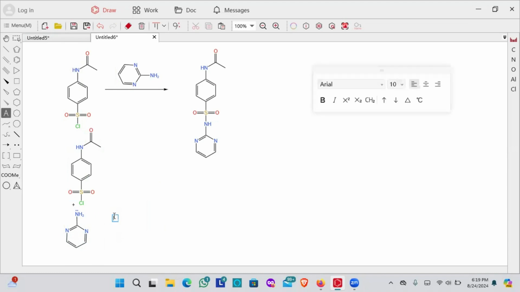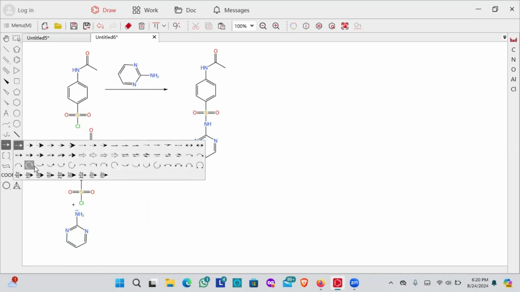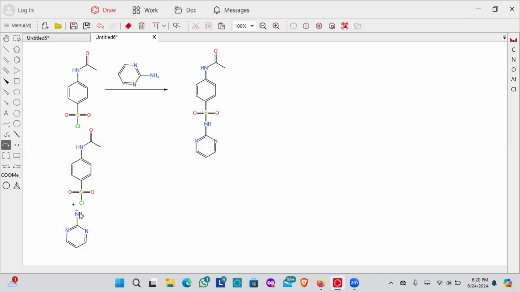Yes, I moved it so close so that I can show the mechanism. Normally I would not be showing it that way, but let's keep moving. Okay, let's use this. This is going to attack the sulfur, which is then going to break this double bond into a single bond. So we're going to show the intermediate product.